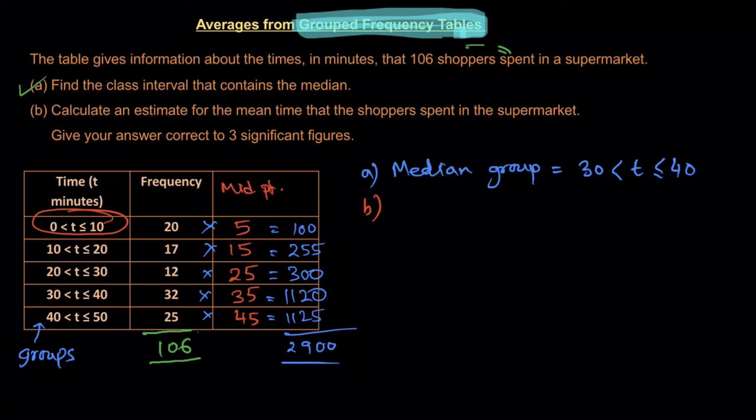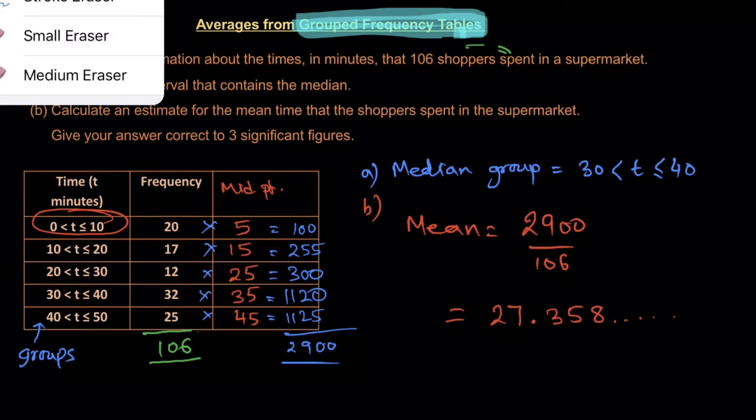Okay, now our mean will be this total, 2900, divided by the frequency total, which is 106. You can use your calculator here. 27.358.